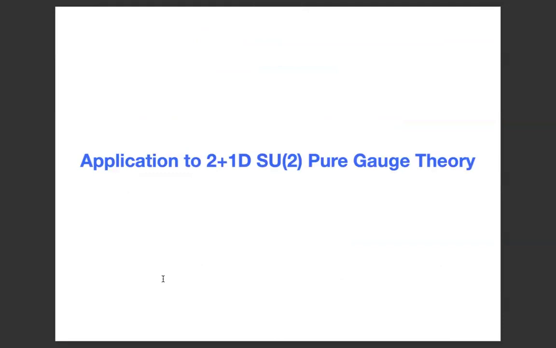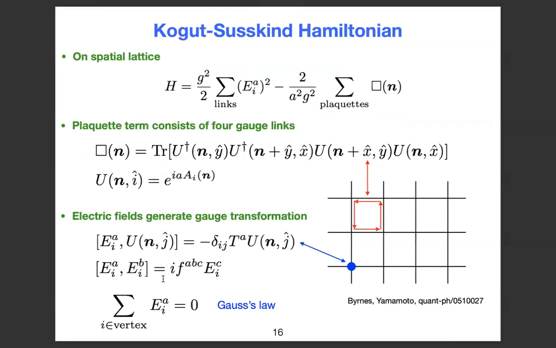Okay, so that's the algorithm we're going to use. Now let me talk about the application to the 2+1D SU(2) pure gauge theory. Let me start with a brief introduction to the SU(2) gauge theory. We're going to use the Kogut-Susskind Hamiltonian. This was derived a long time ago, and the Hamiltonian consists of two parts, the electric energy part and the magnetic energy part.